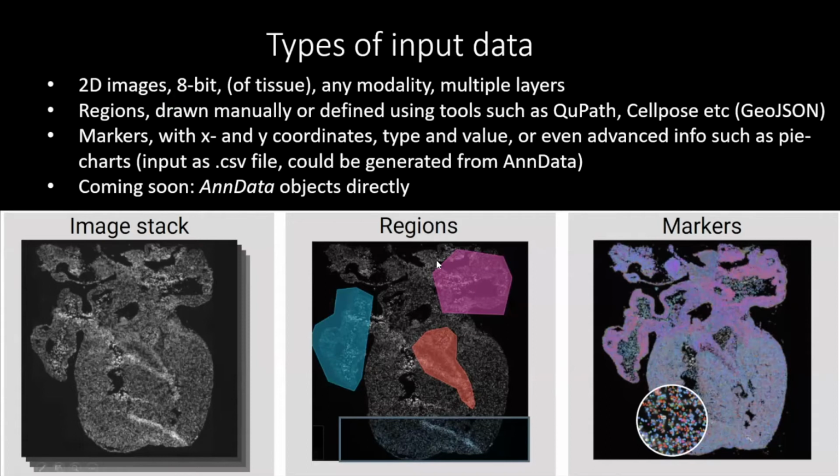We can also display, draw and import regions in TissUUmaps, and markers, and we can display millions of markers on top of the images, so we are not limited to the number of markers or number of categories of markers. And we're also working, and I will show you some examples, on how to load data objects directly, where you have your images, markers, and annotations in the data.